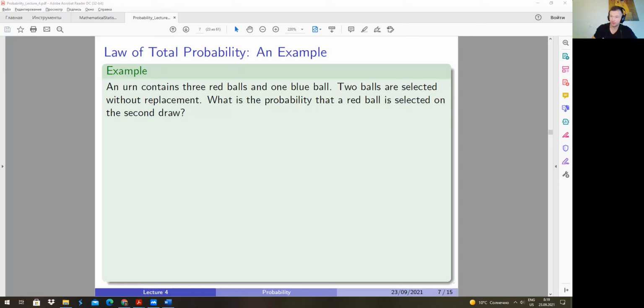What if a blue ball was taken in the first draw? Then isn't it also 2 over 3? Yes, but we have another probability of a blue ball taken on the first draw. And well, no, wait. If a blue ball was taken on the first draw, then the probability of a red ball on the second draw is different. So be careful with this logic.